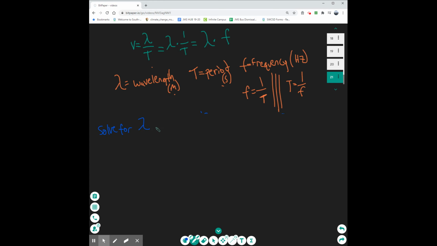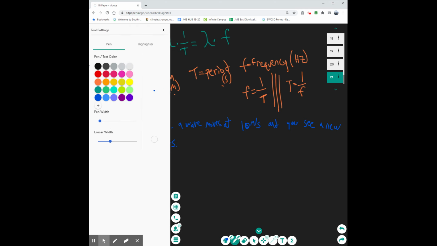Let's say we solve for lambda if a wave moves at 10 meters per second, and you see a new crest every 20 seconds. Okay, so what information have I just given you?